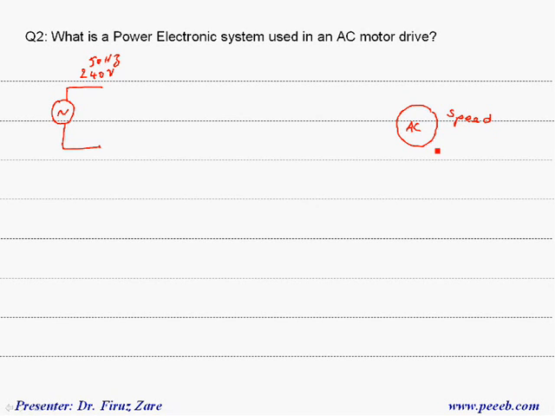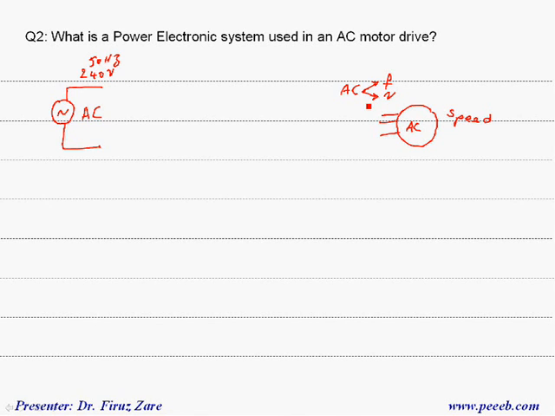To control the speed, we may control the frequency and voltage. So in this case, we need to convert the AC from this supply into another AC with variable frequency and variable voltage.